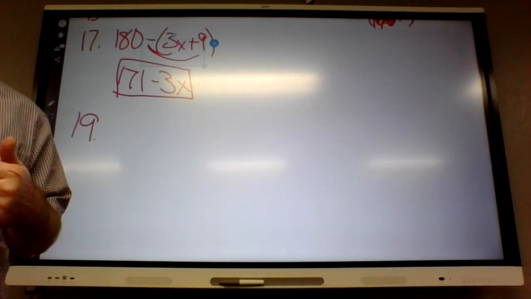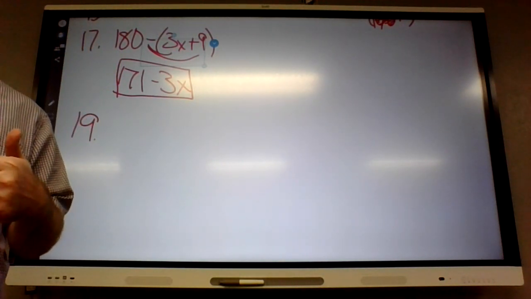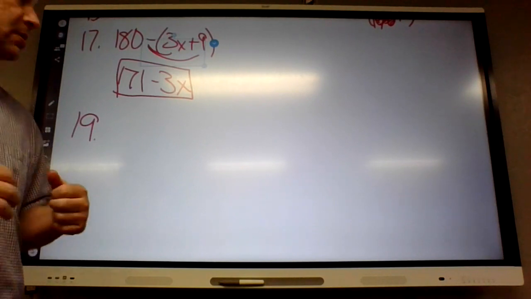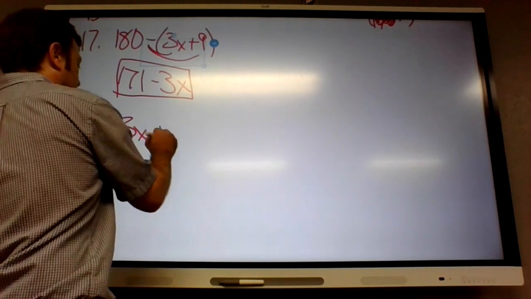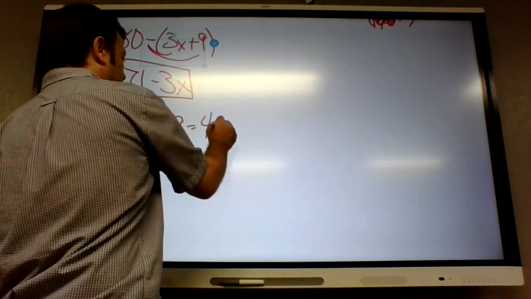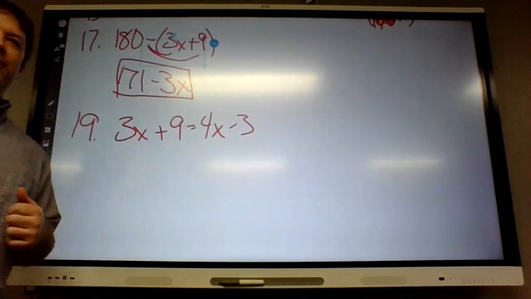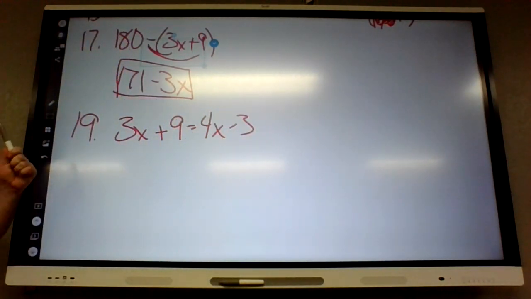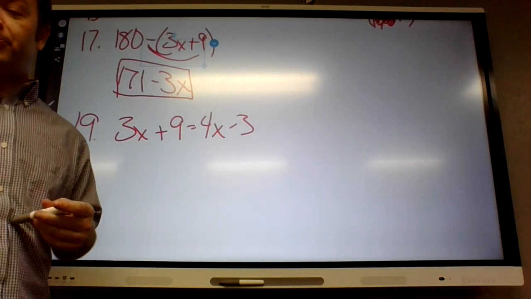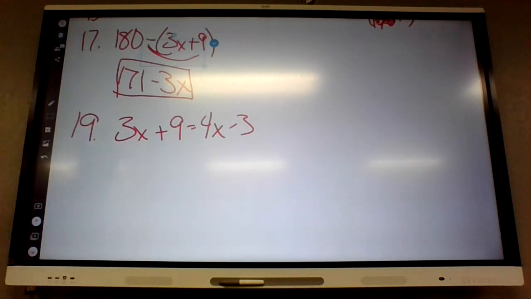So how should we set up number 19? 3x plus 9 equals 4x minus 3. If you did not do well on the test, a good chance that the algebra part is part of the problem.